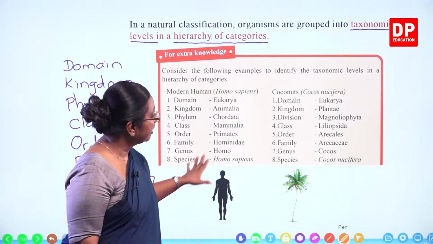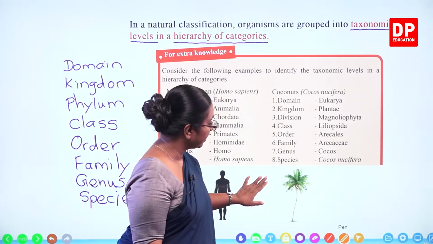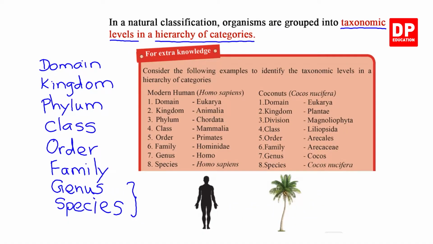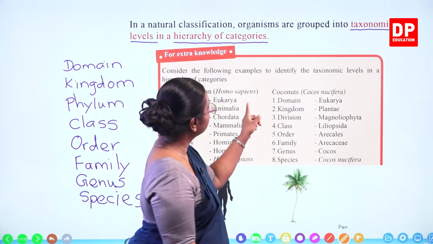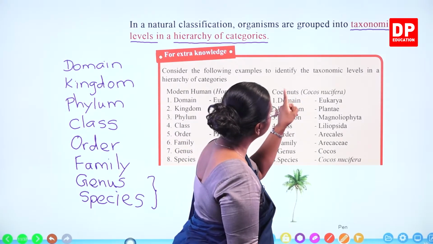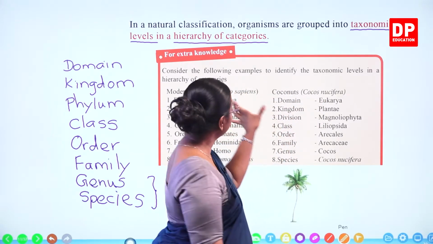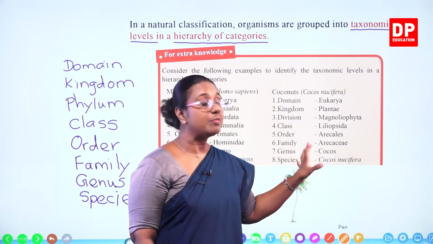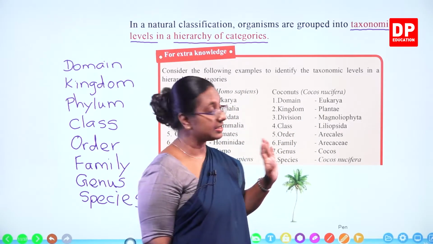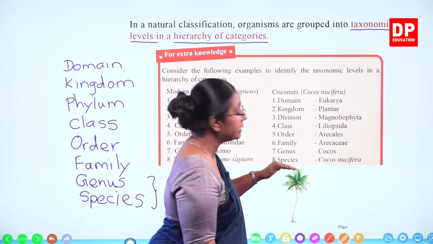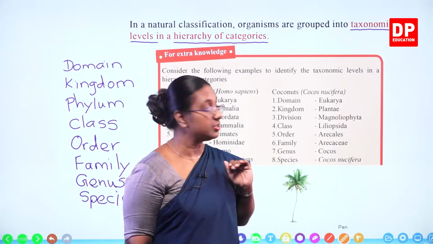That is how we are classified in this natural classification. The same way, we can look at the classification for a coconut tree. If we take the coconut tree, you can see the name Cocos nucifera. Now we will go into detail about how we write this name, that is the scientific nomenclature, but for now we'll try to understand the taxonomical levels only.